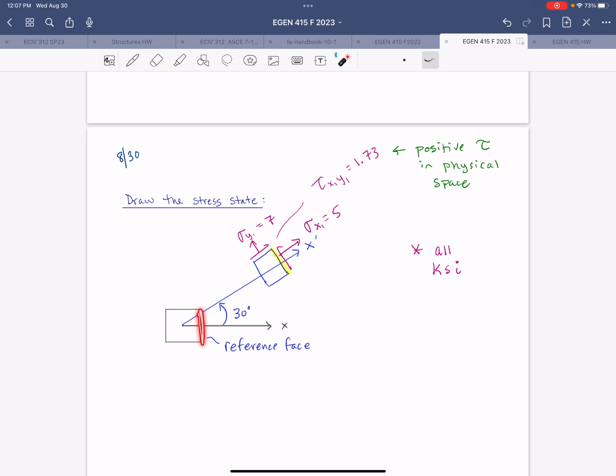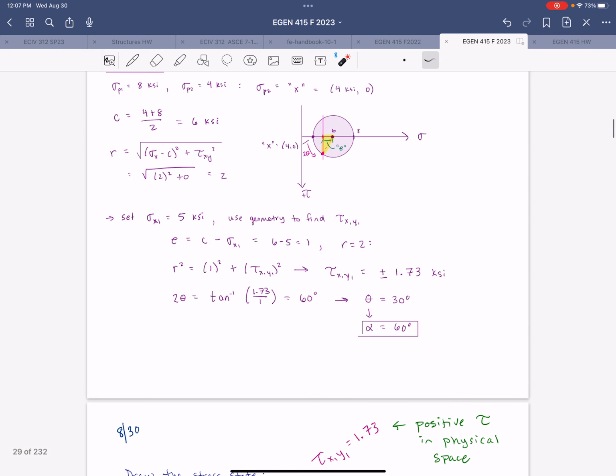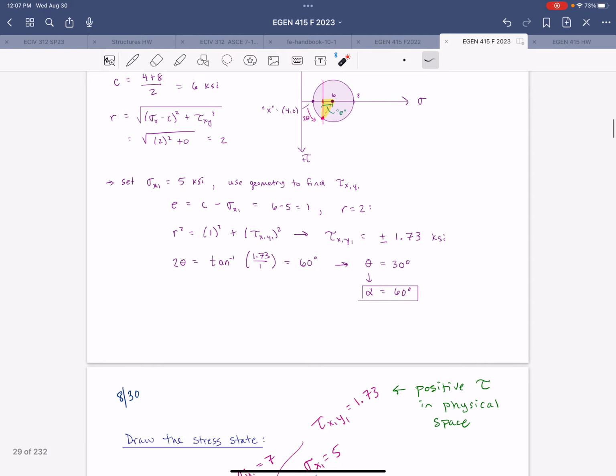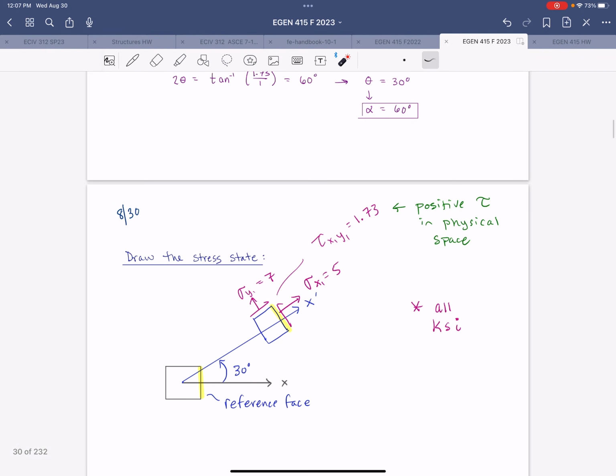So this original x face would translate to what you found when you moved 2 theta on that Mohr's circle, and in this case, that was going from this point to this point. Since the shear stress is in the lower portion of the Mohr's circle, that corresponds to a positive shear stress in the physical space.